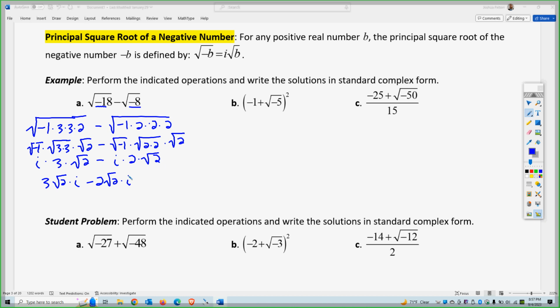So 3 root 2 minus 2 root 2 is 1 root 2 i, or just simply root 2 i. Okay. If you want to put it in complex form, you put a 0 in front of it. Did I specify here? Standard complex form. Okay. So if I do standard complex form, I get 0 plus root 2 i.